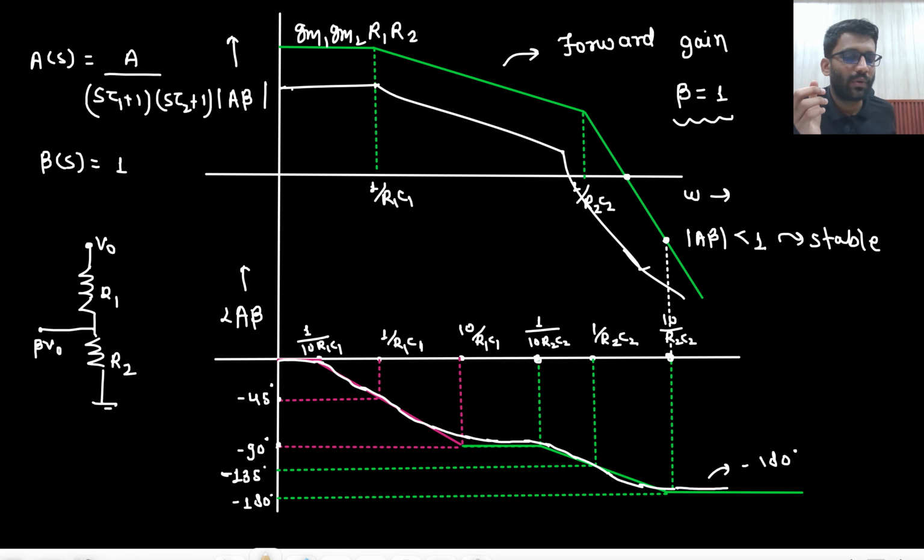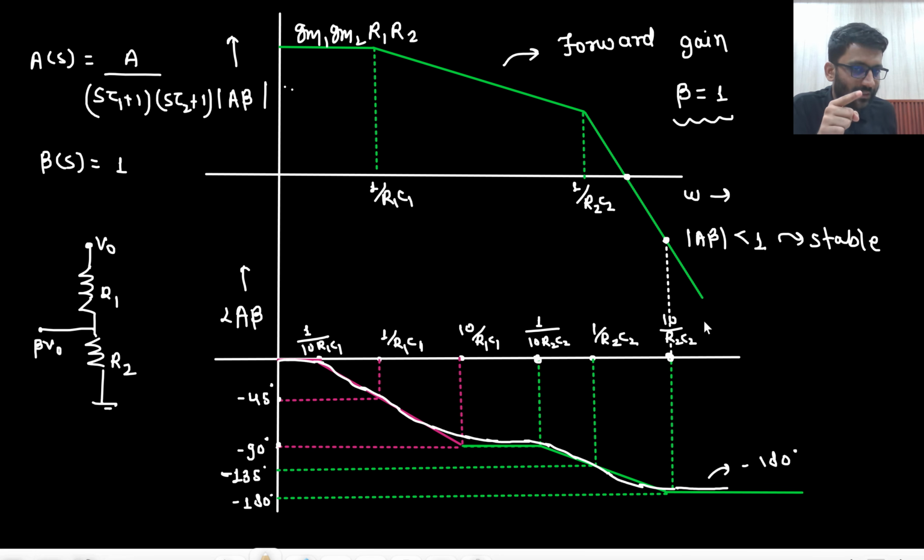So what we got to know is that at this frequency, when our phase shift is minus 180 degree, at that time my gain is lesser than 1, or my gain is less than 0 dB, because this is 0 dB, right? Here gain is equal to 1 or 0 dB.